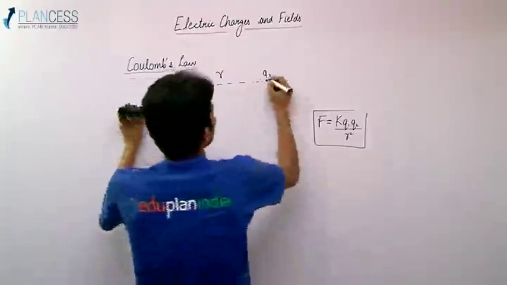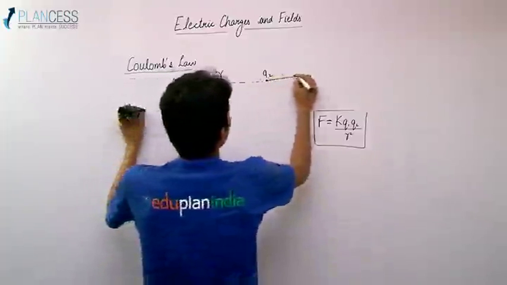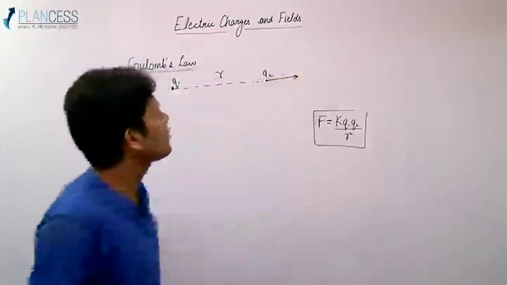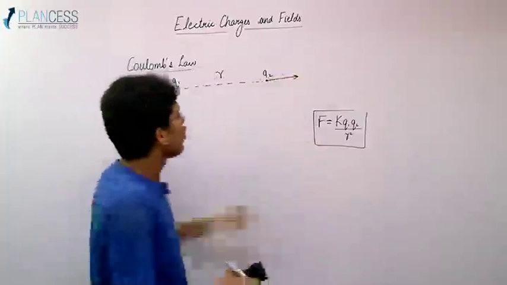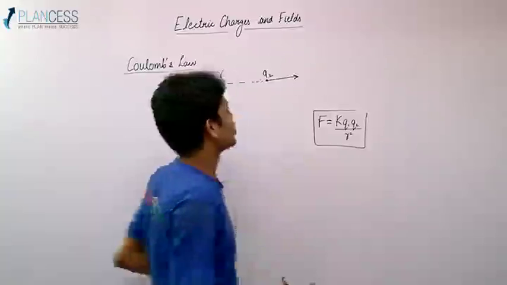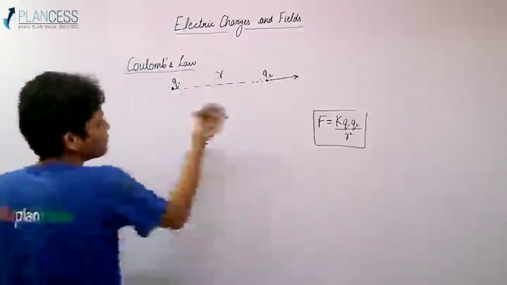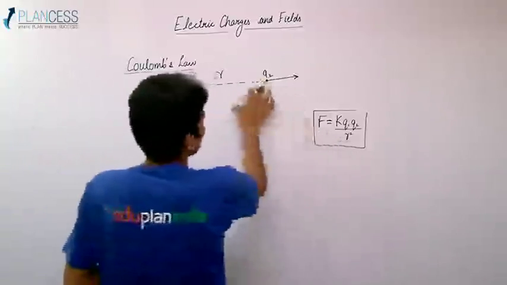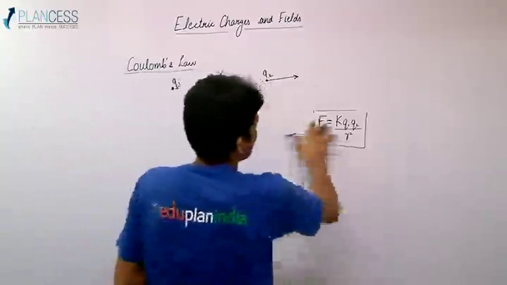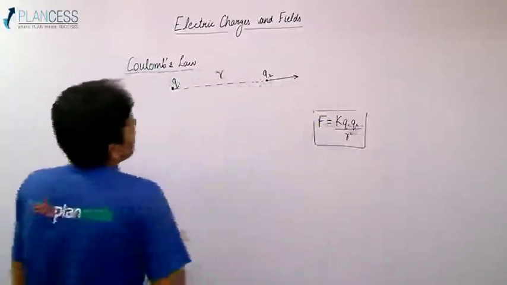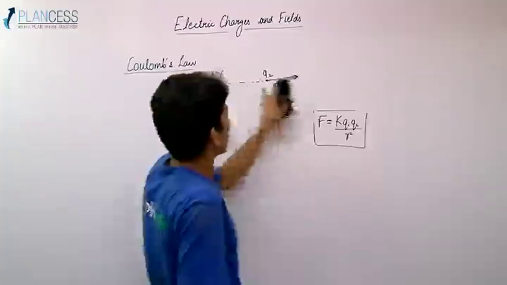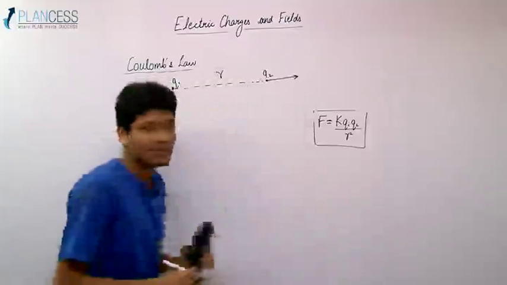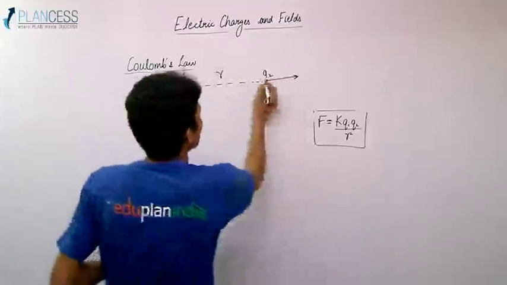If both charges are of the same sign, they repel each other, and if they are of opposite charge, then they attract each other, and thus the direction would be like this.